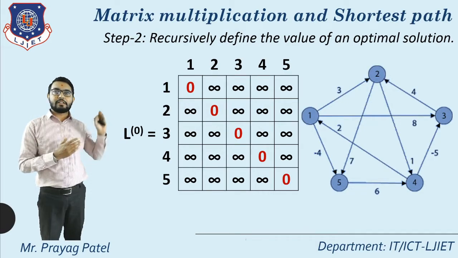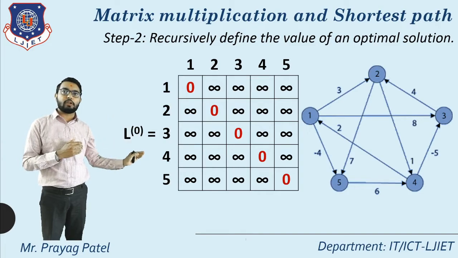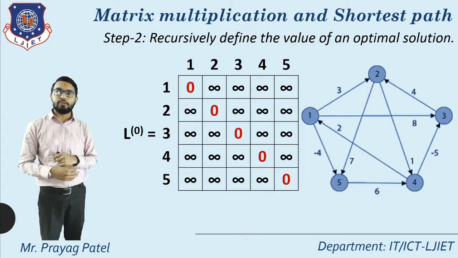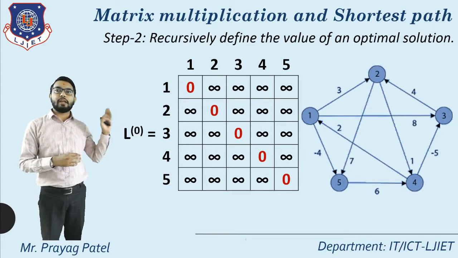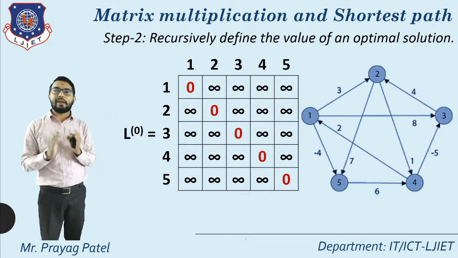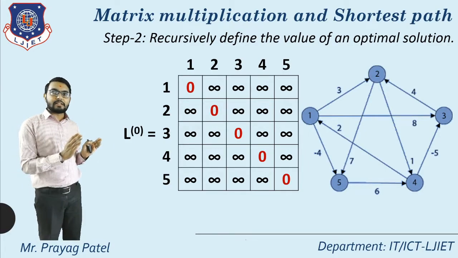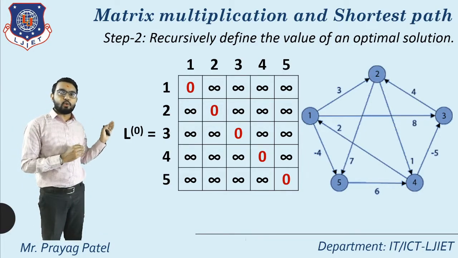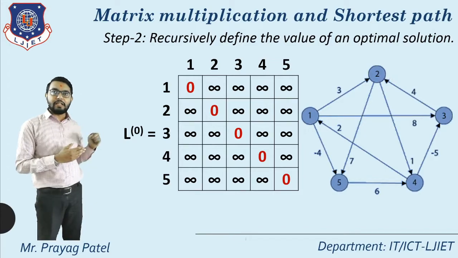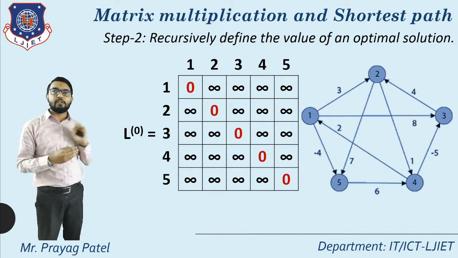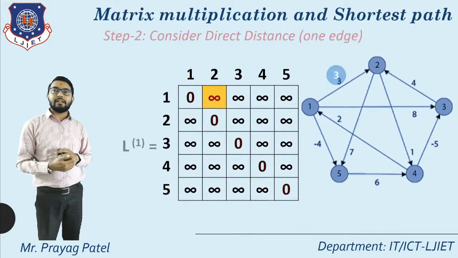So here consider distance from 1 to 1, 2 to 2, 3 to 3, 4 to 4 and 5 to 5 equal to 0 and all remaining distances as infinity as the initial step L0. Here your table names are L0, L1, L2, L3 like this. So here the initial table is L0. Now consider the next step.